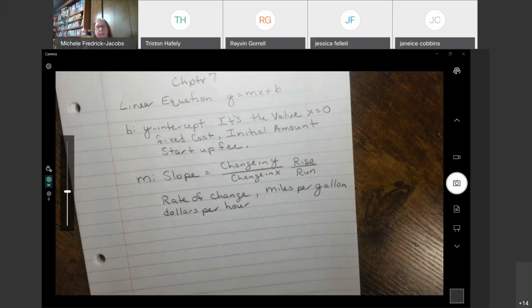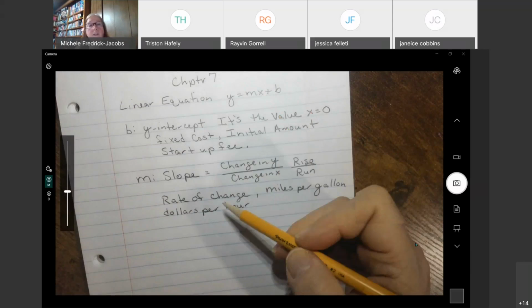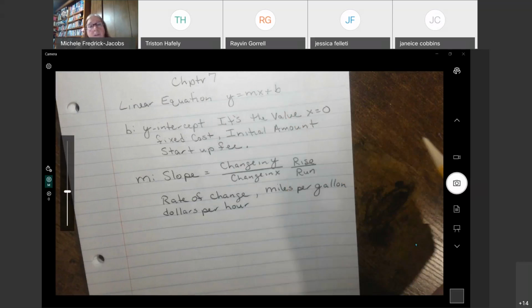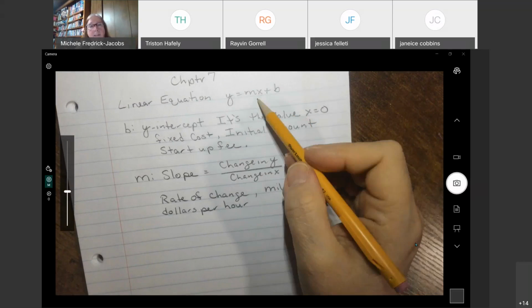It's a rate. Per gallon, per hour, per month, per year. It's a rate. And the slope is attached to the x value because that's the rate. So if it's dollars per hour, then x is hours. If it's miles per gallon, then x is the number of gallons.